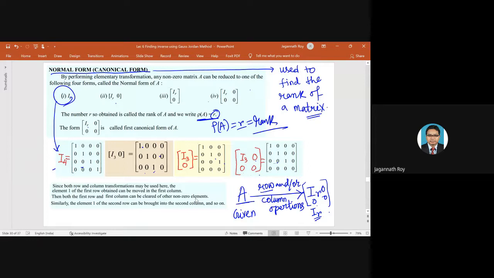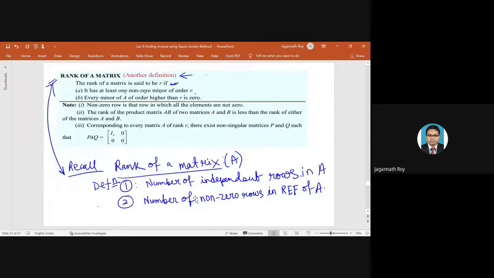What is the determinant of this minor? It is 1, which is non-zero. Similarly, for this one, it is 1. But if you take the total minor, the 4 by 4 order minor, then it becomes 0. So the matrix is not of full rank. Everything is actually connected here.